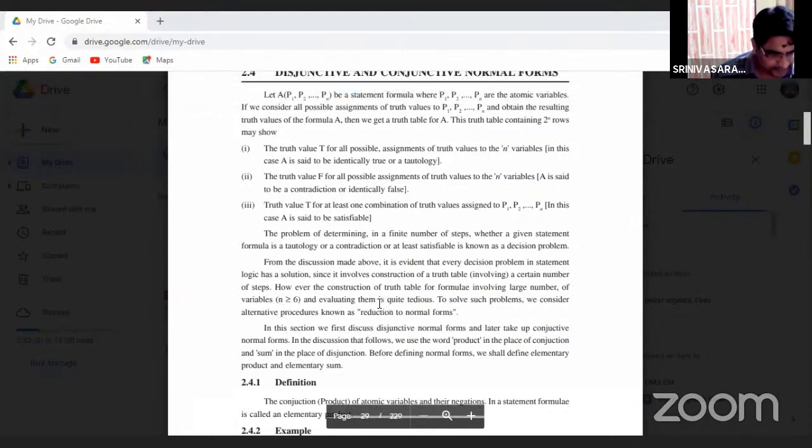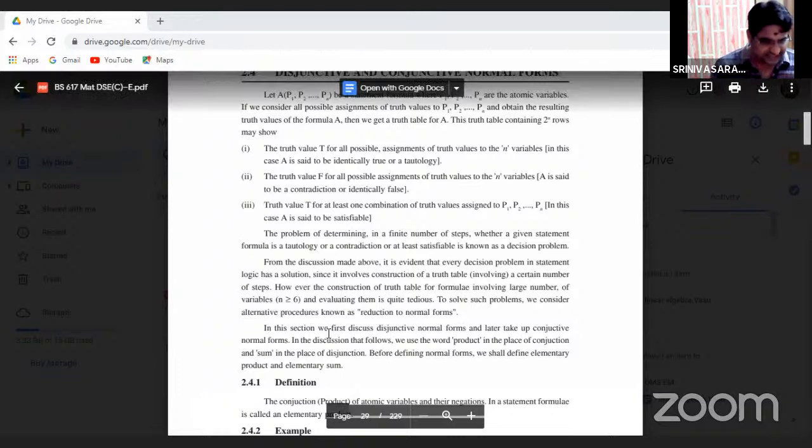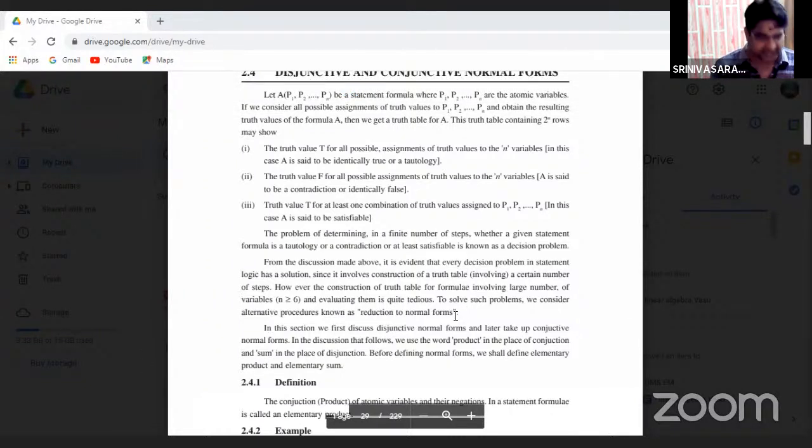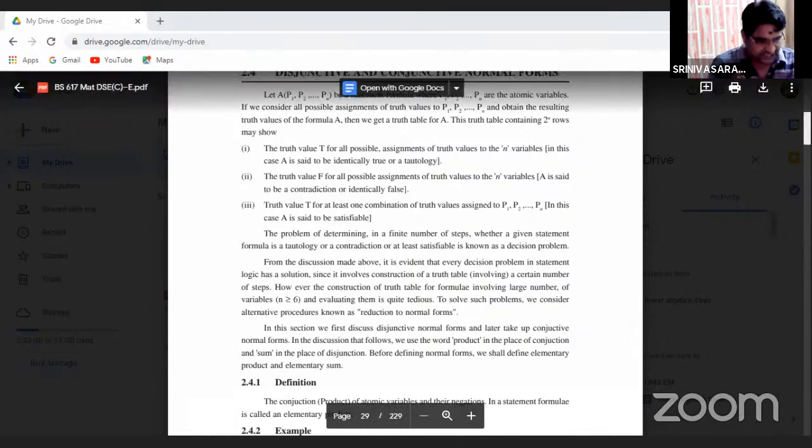According to that, construction of a truth table involving a large number of variables, here n is greater than or equal to 6, and evaluating them is quite tedious. To solve such problems, we consider an alternative procedure known as reduction to normal form.